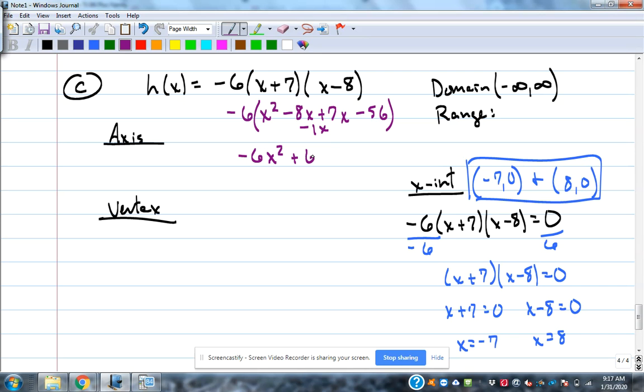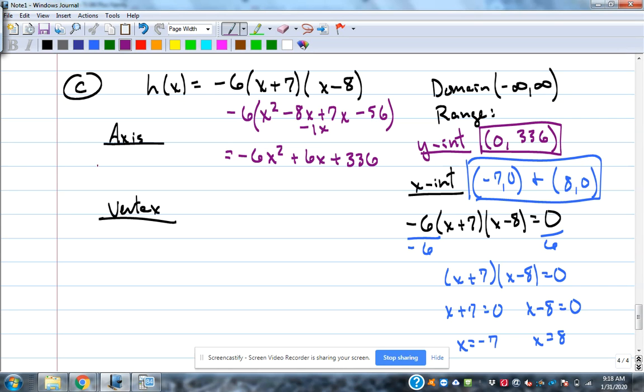So that'd be negative 6x squared plus 6x plus 336. Now that I have it in standard form, what's the y-intercept? Yeah, (0, 336). To me, it's easier to do that, or you could plug a 0 in for x and work it out. You're going to get the same number for the y-intercept.